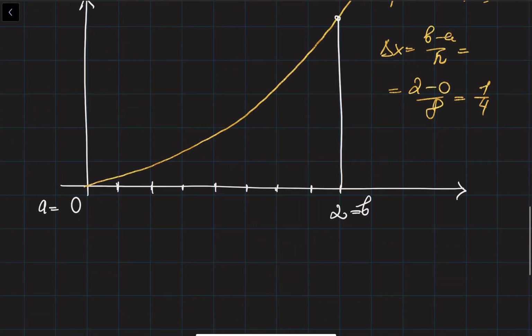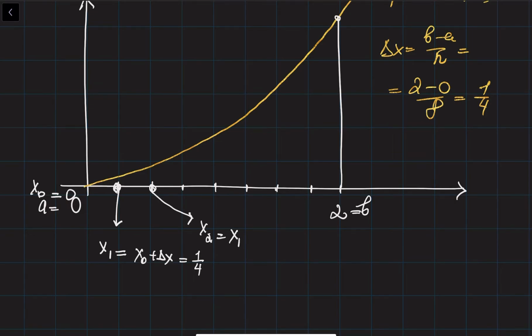Let me write this a little bit differently now, because I would like to derive a general formula. That's why I'm going to start from a. Let me call this point x0, which is equal to 0. x1 is going to be equal to x0 plus delta x, so in this case it's going to be 1 over 4. This point here is going to be x2, which is equal to x1 plus delta x, or x0 plus 2 delta x, which is 1 over 2.